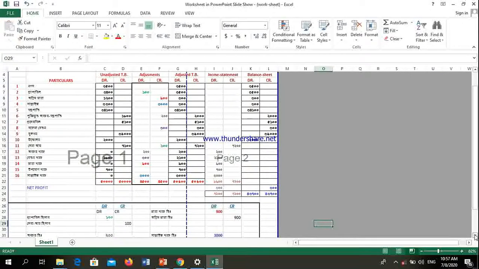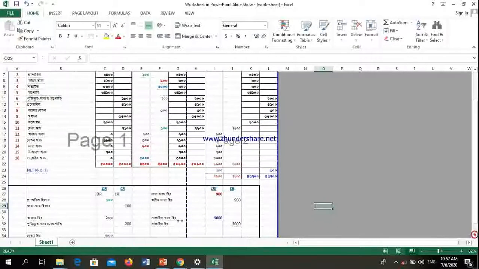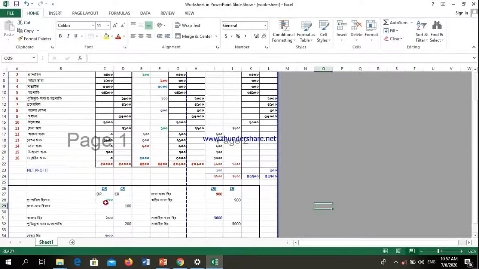It is very easy for you to understand very clearly. You have to realize the adjustment, because adjustment is the main factor. If you make a mistake, then certainly it will provide the wrong figure. So be conscious regarding this particular issue.